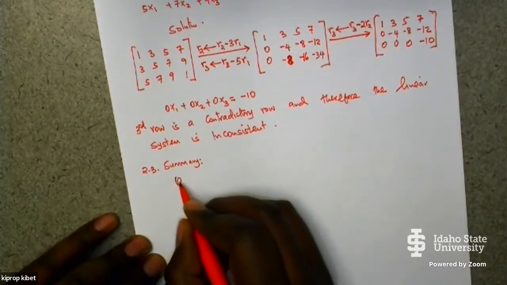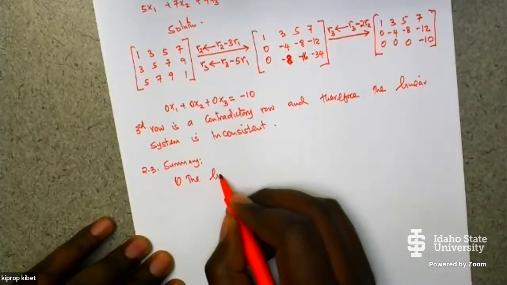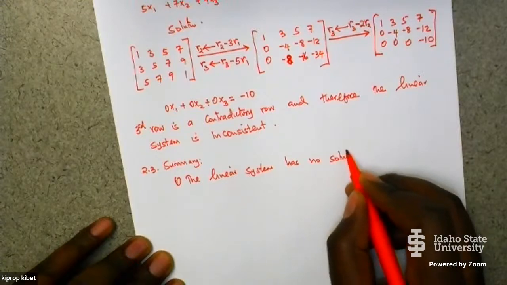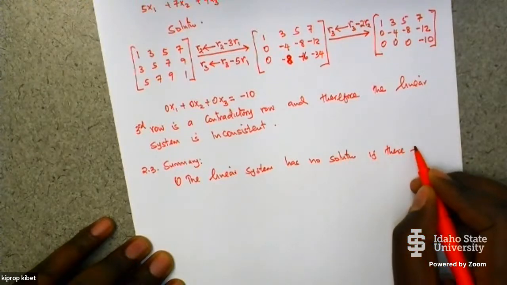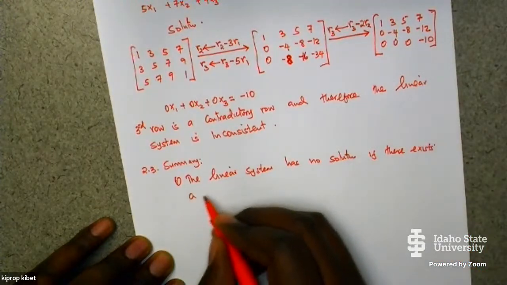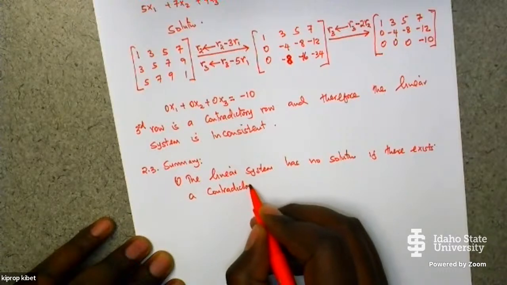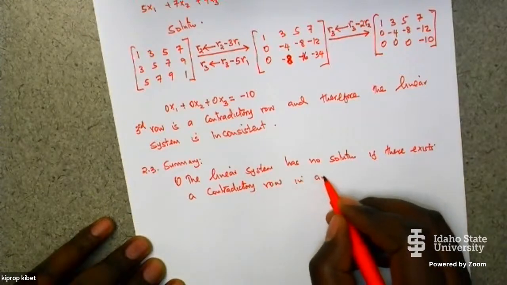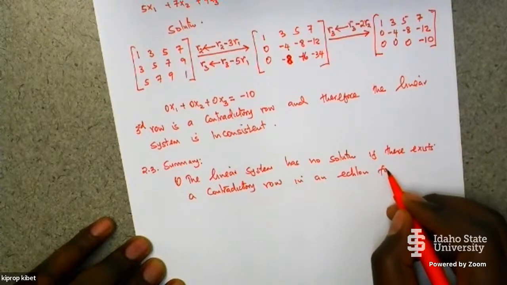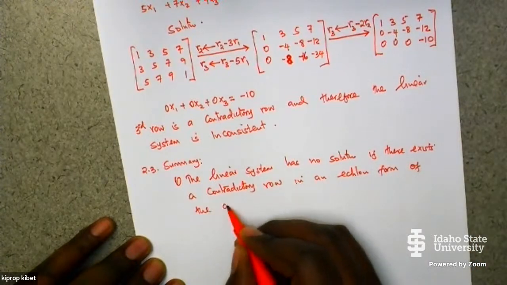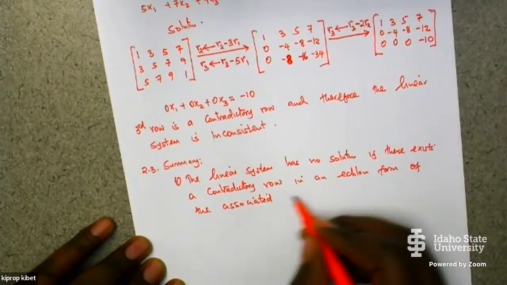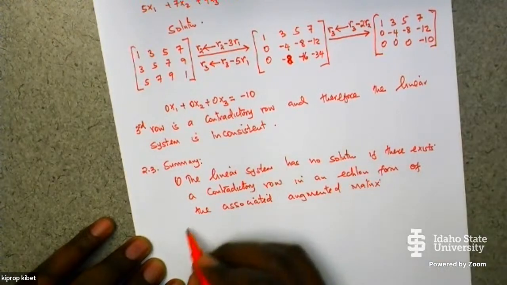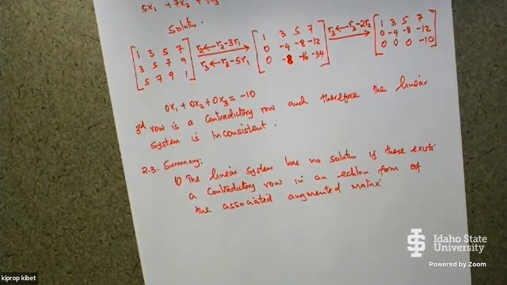The first one is the linear system has no solution if there exists a contradictory row in an echelon form of the associated augmented matrix. That is what we have seen in the last example there.